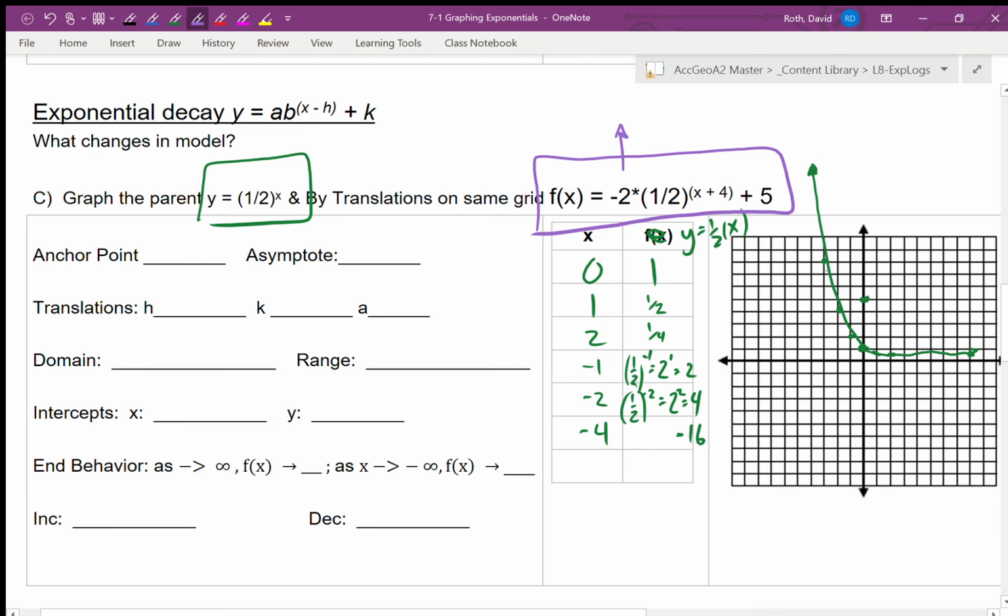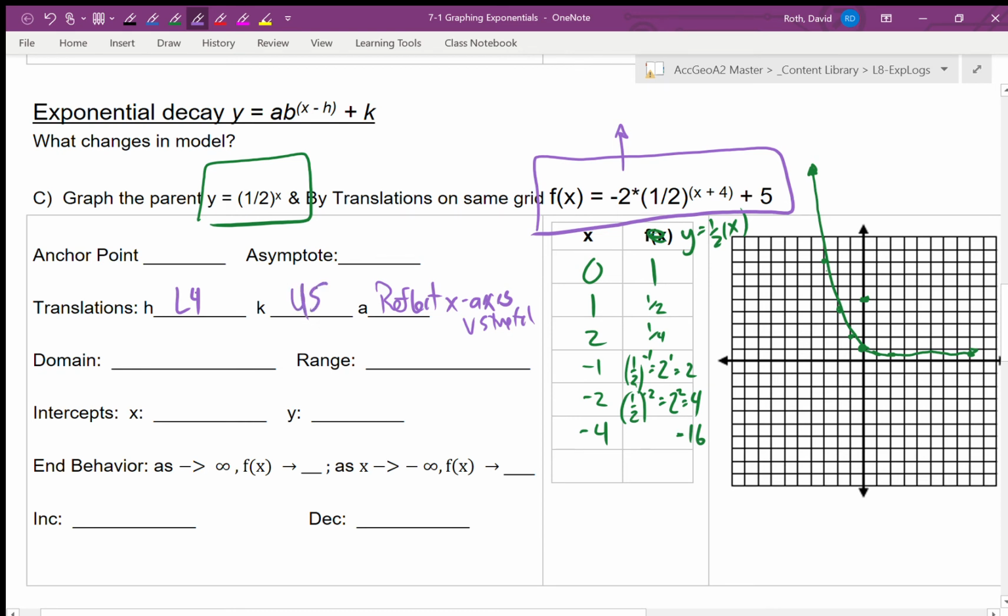Before I get going, notice that I'm going to reflect over the x-axis because the a value is negative. It's also going to be a vertical stretch, so it'll be steeper. And I have a horizontal shift that moves it left 4, and a k value of 5 that will move it up 5.